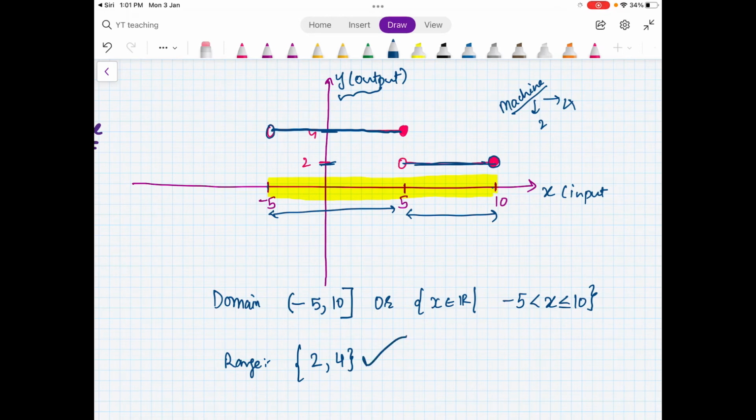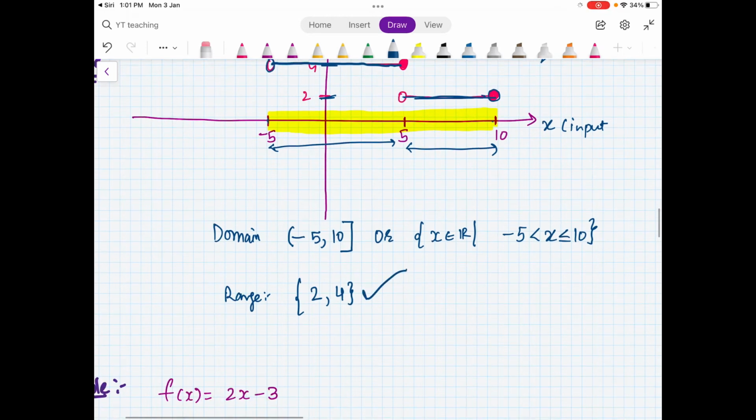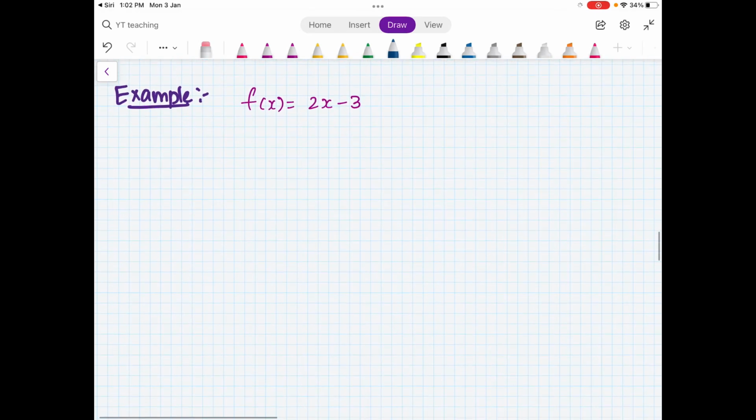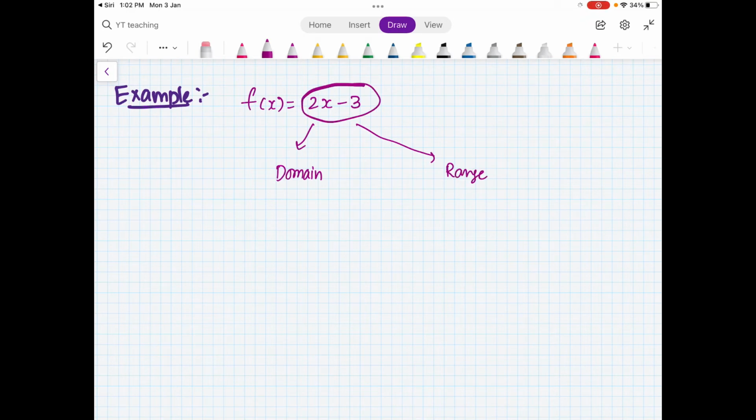So I hope you understand what exactly we are doing. And now let us look at another example. So I give you this function f of x is equal to 2x minus 3. What is the domain and range? So now see, whenever you have a question about domain and range, you have to see what are the possible restrictions.